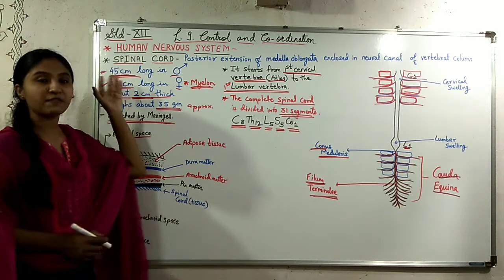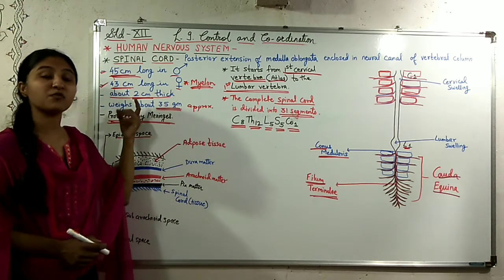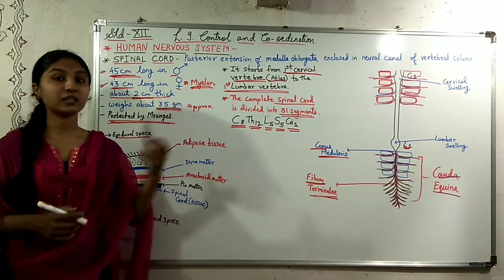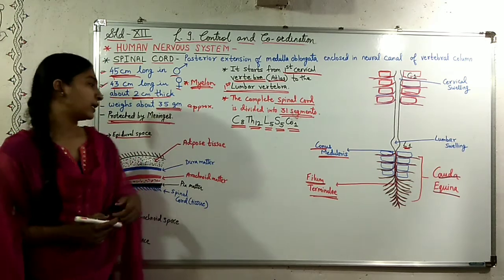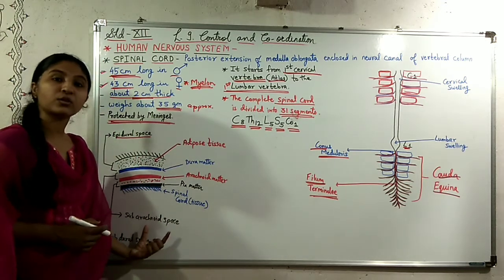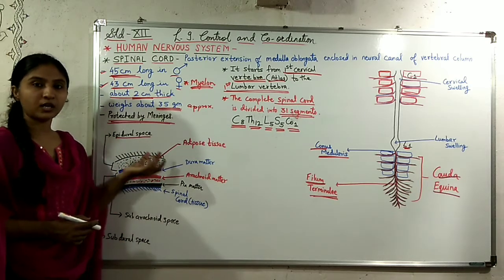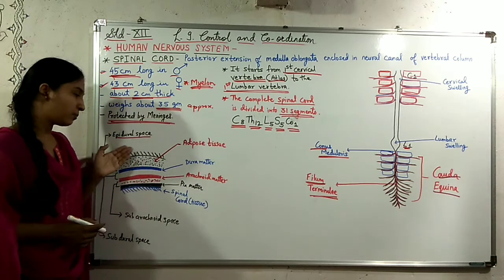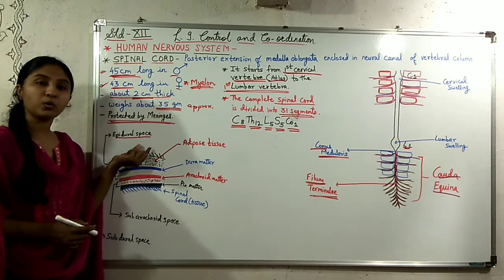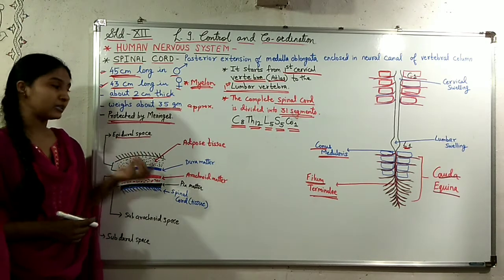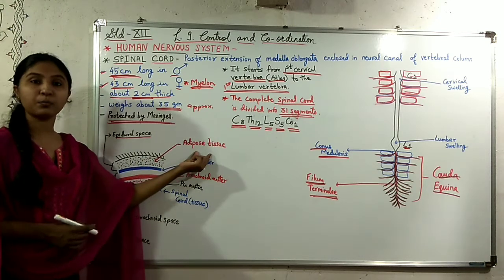It is about 45 centimeters long in males, 43 centimeters long in females, 2 centimeters thick and 35 grams in weight. And it is protected by the 3 layers of the meninges. Between the third, outermost layer, that is dura mater, and the bone there is a space called the epidural space, and this space is filled with adipose tissue.